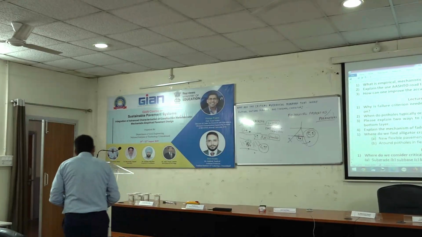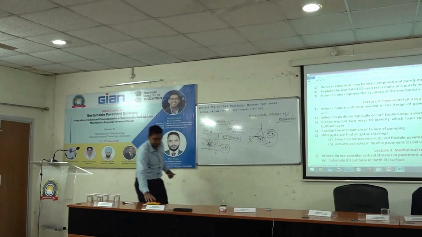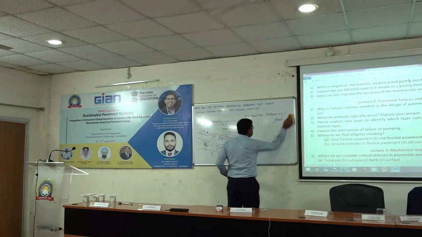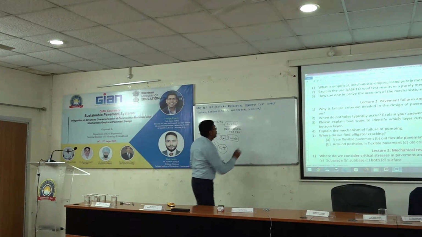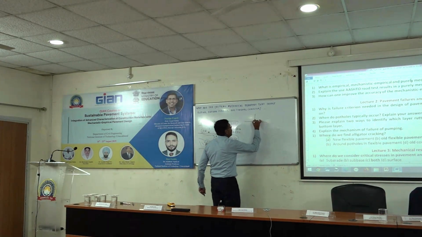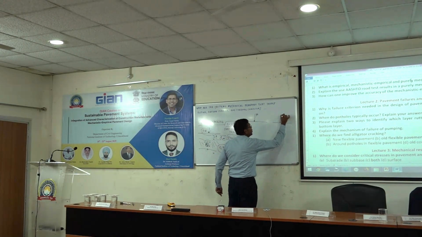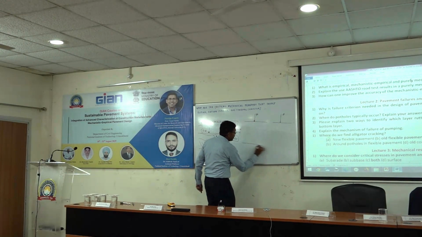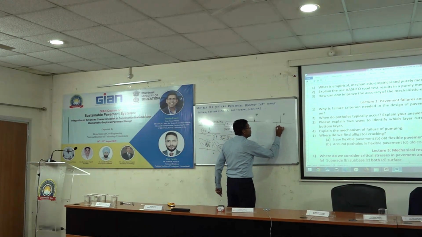So let me give you an example. Right here, I have a load P. I'm just going to take a 2-layer system, right? My top layer is, I'm just going to work in US units for now, 2 inches, right?